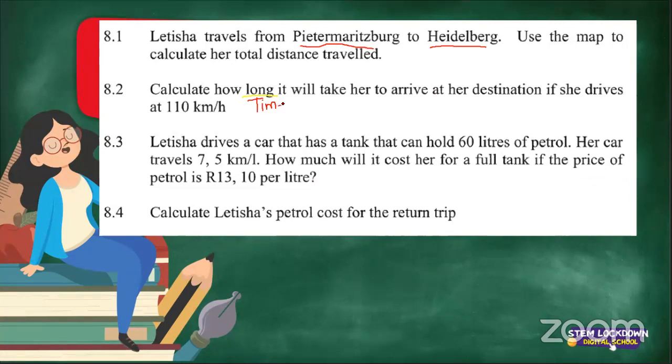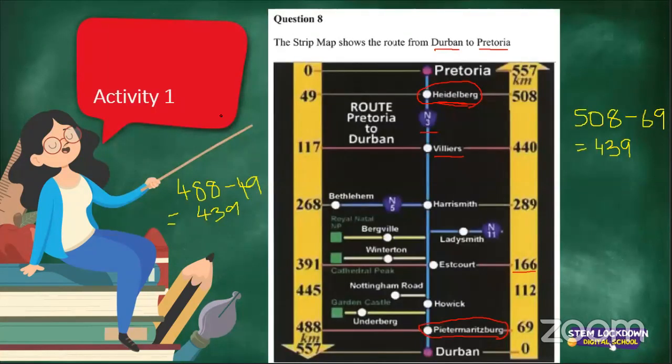How long means time. It will take her to arrive at a destination if she travels at 110 kilometers per hour. What is her destination? Going back from Durban to Pretoria.